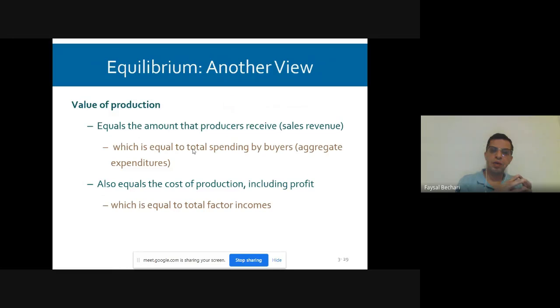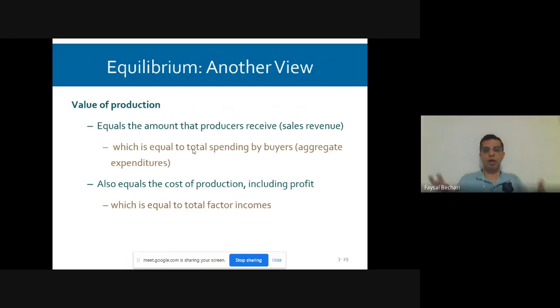Now, the value of production, which is another view of equilibrium, does not take into consideration production itself. So the value of production is equal to the amount that the producers receive from the sales revenue, which is equal to the total spending by the buyers, the aggregate spenders.